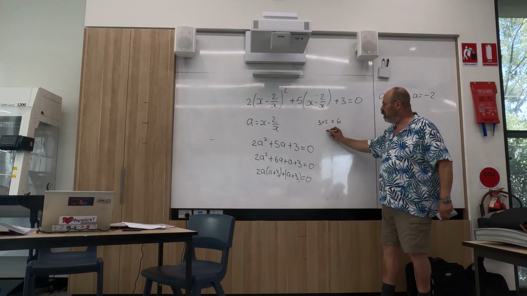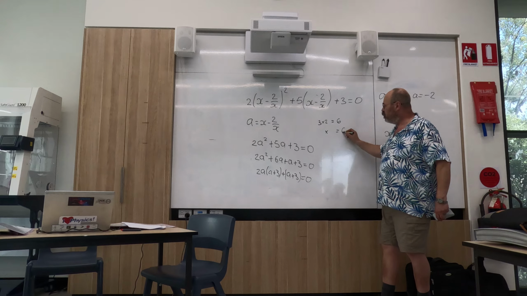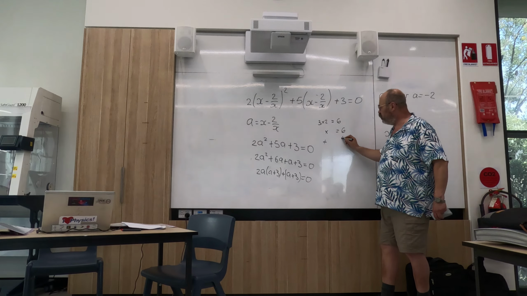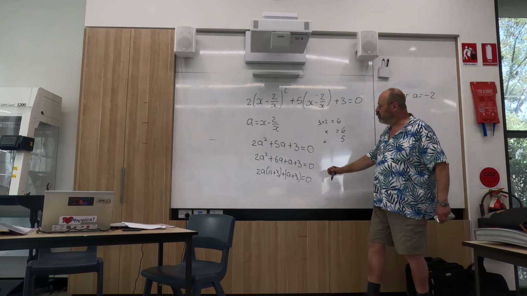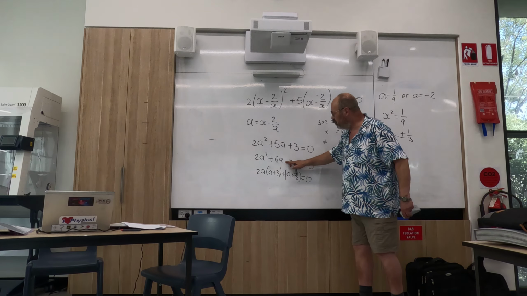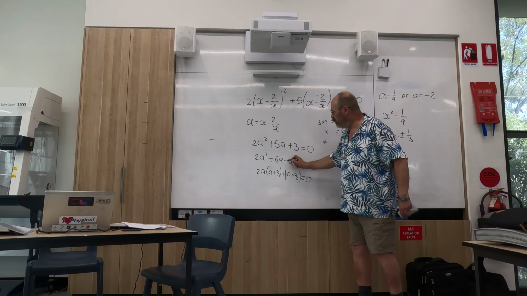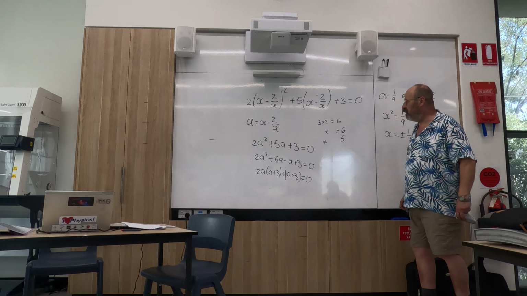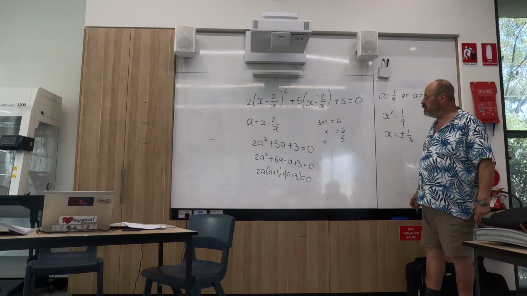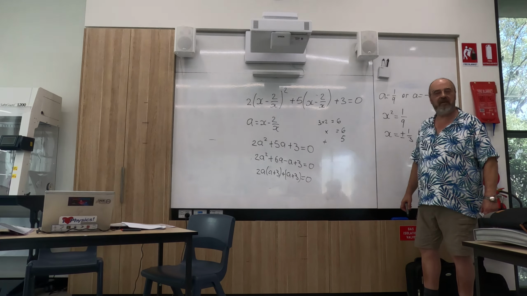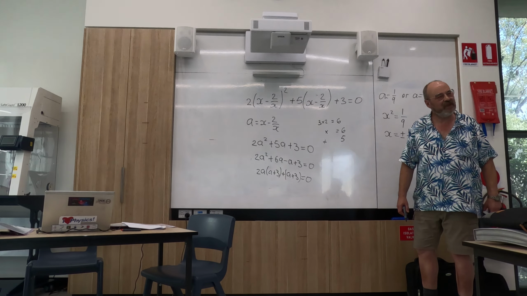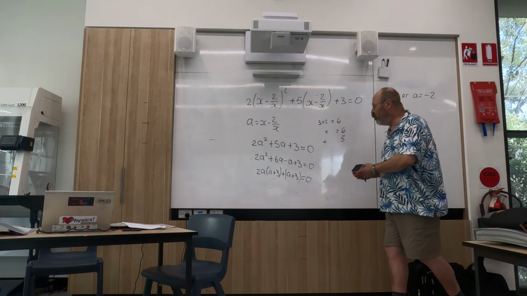I'm looking for two numbers which multiply to 6 and add to 5. You're absolutely right, it should not be minus a; that does not work. So I made a mistake. Good that you follow what I'm doing.